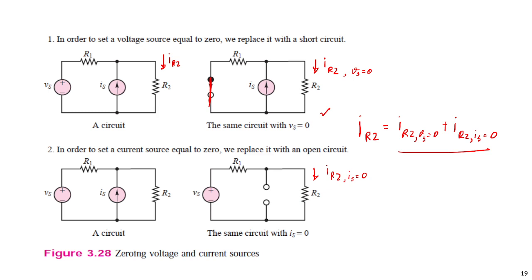Okay? So when you have both voltage source and current source, maybe nodal analysis becomes difficult. Mesh analysis is also difficult, right? So you think about the superposition theorem. When you have different kinds of sources, it's very useful to solve one by one.